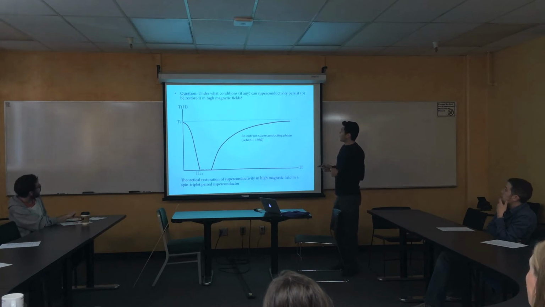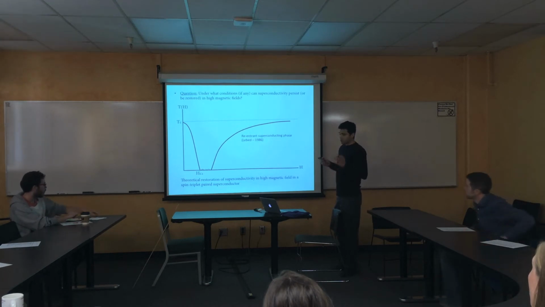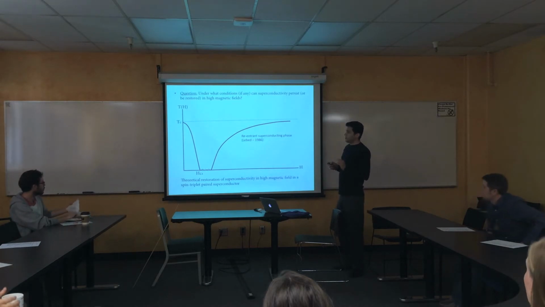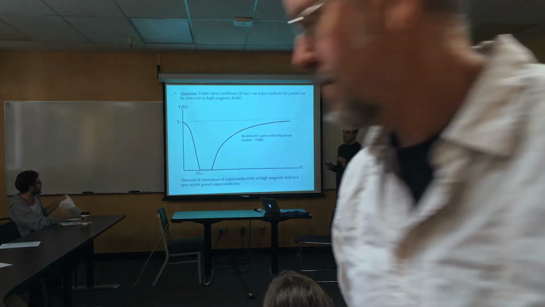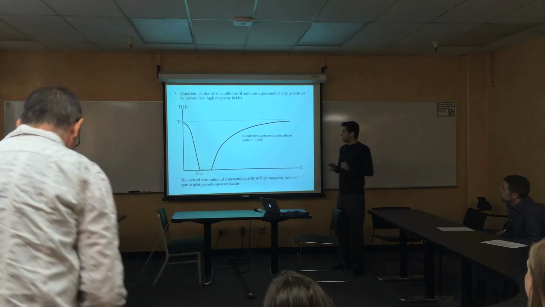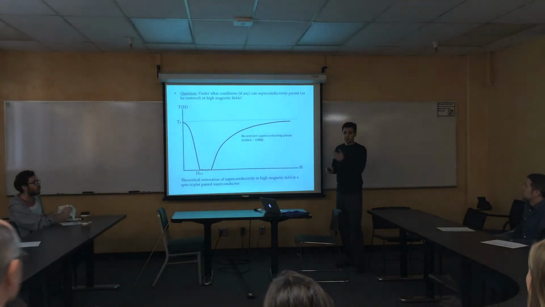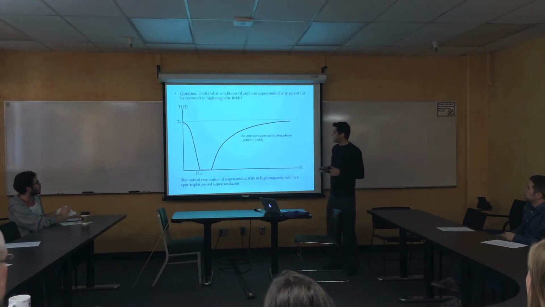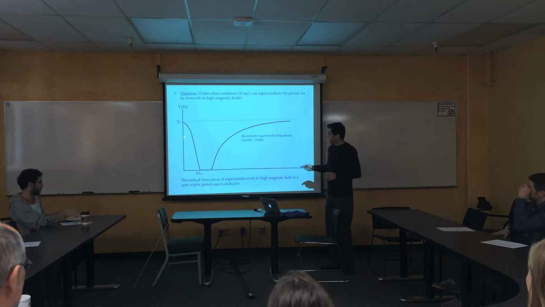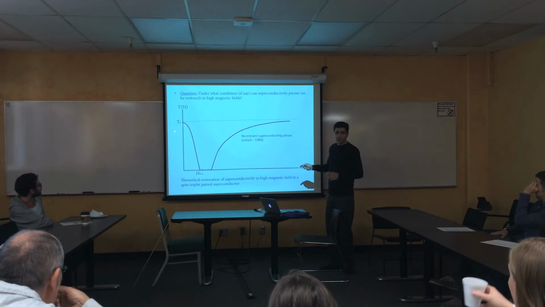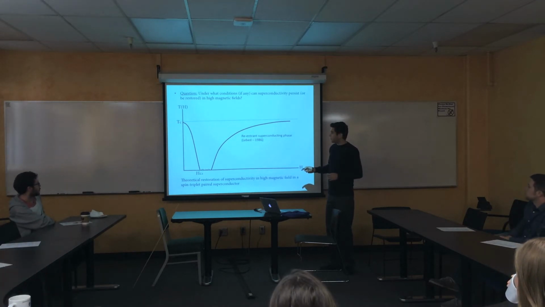The question I want to ask is, under what conditions, if any, can superconductivity persist in high magnetic fields? And what I mean by high fields will be brought out in several examples throughout my talk. So the first part of the curve here is pretty much what you have seen on the previous slide, right?